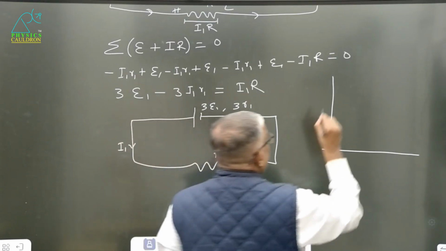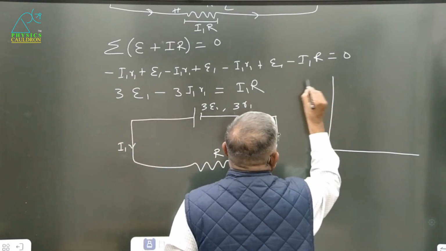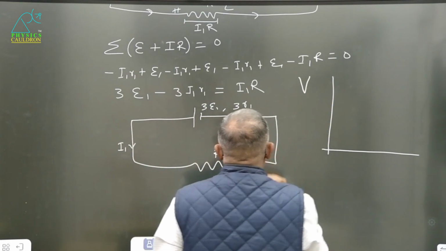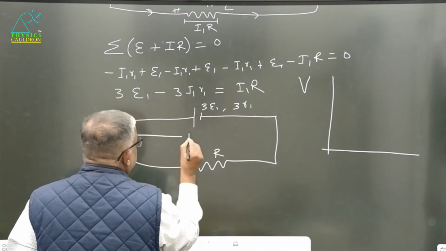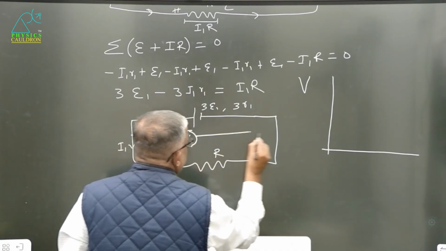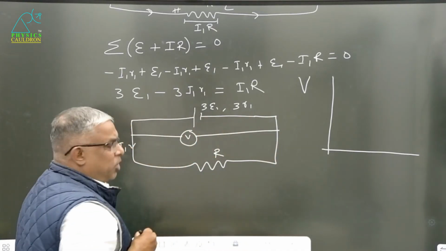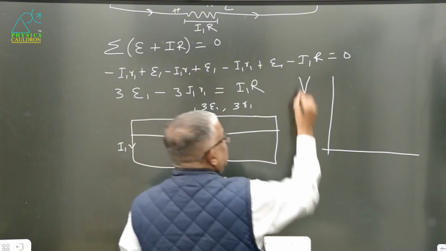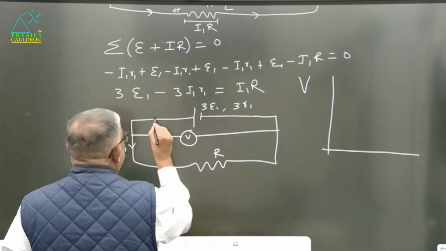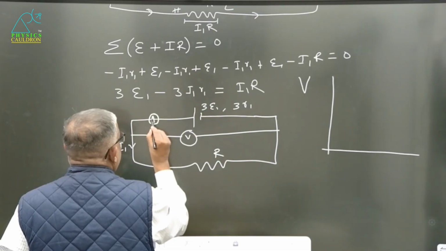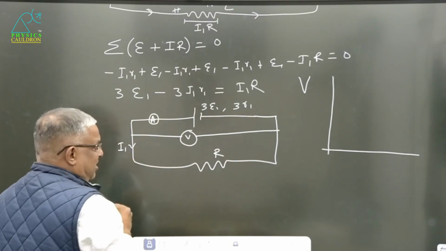So the terminal potential difference, that means if I connect a voltmeter across it, I am going to get the terminal potential difference, which I am plotting here. And if I connect an ammeter over here, I am going to get the current.